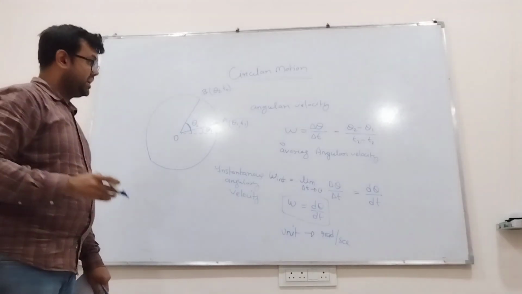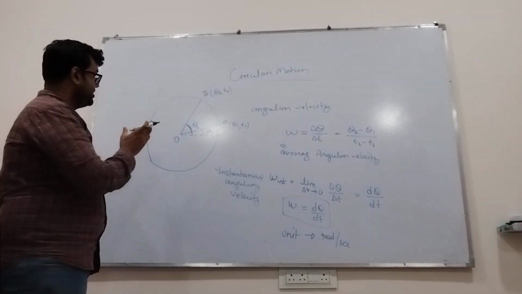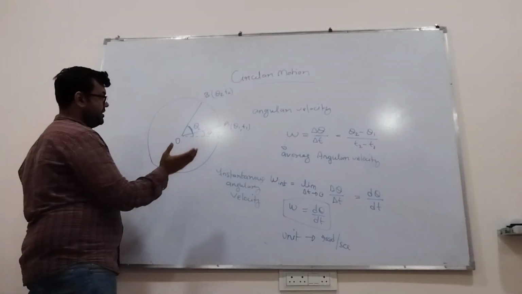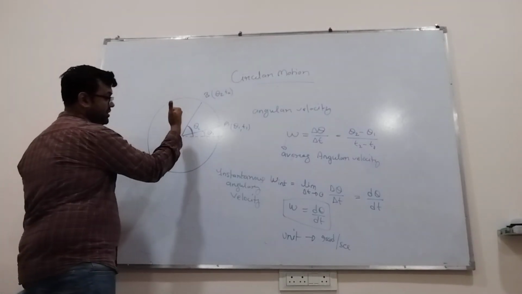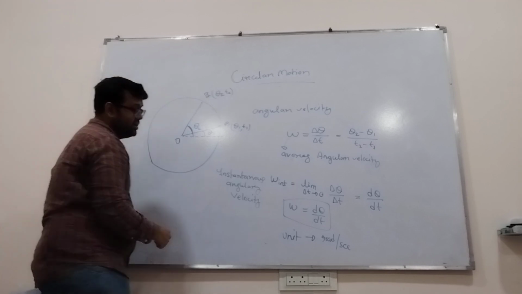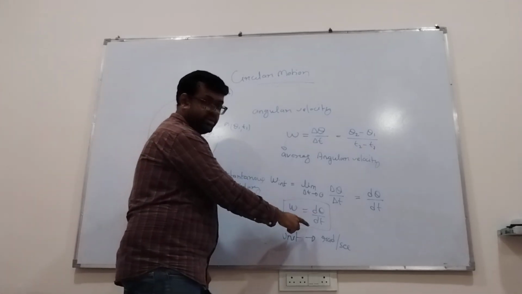The direction of omega, the same way we have discussed when we were discussing the angular displacement. You have to move your right hand in the direction of the motion. The direction of the omega will be the direction of the thumb. You can also see here omega is d theta upon dt.